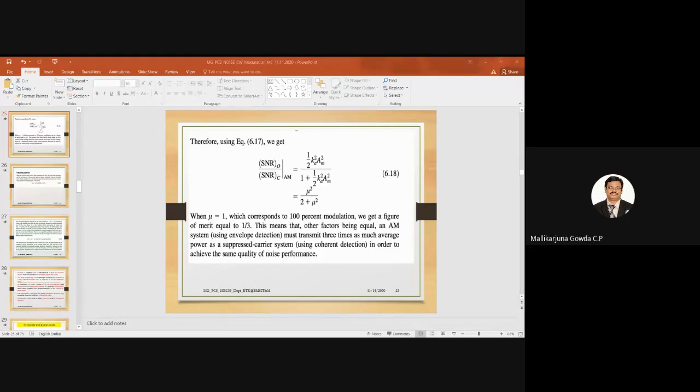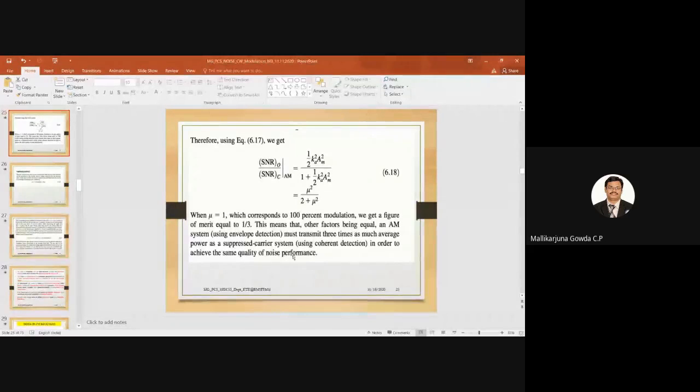So we say that the performance of the AM receiver using an envelope detector in the presence of noise is inferior to the performance of the DSBSC receiver in the presence of noise. Because for the DSBSC receiver the figure of merit is 1, but for the AM receiver it was less than 1.